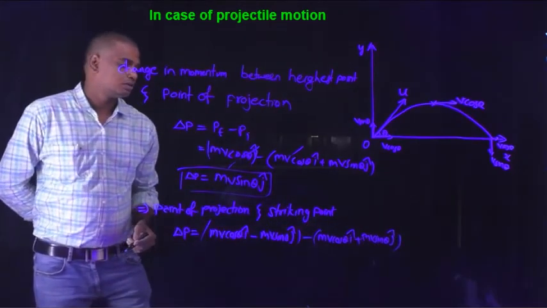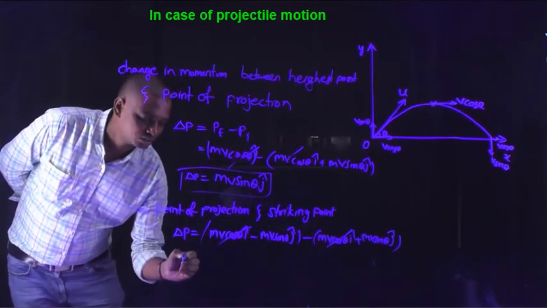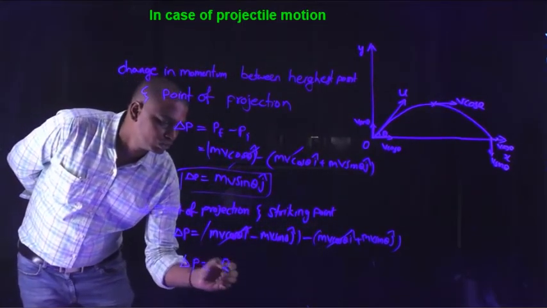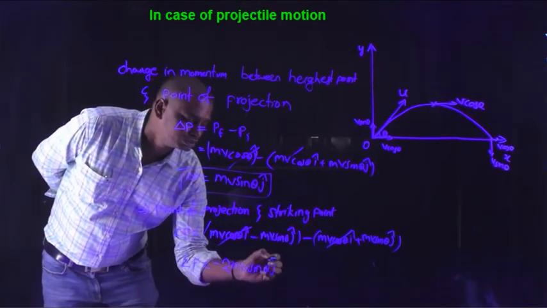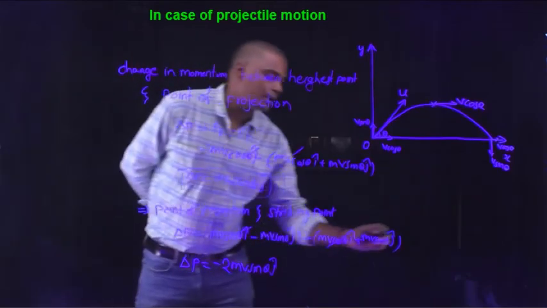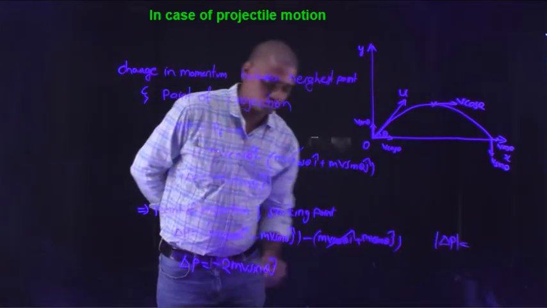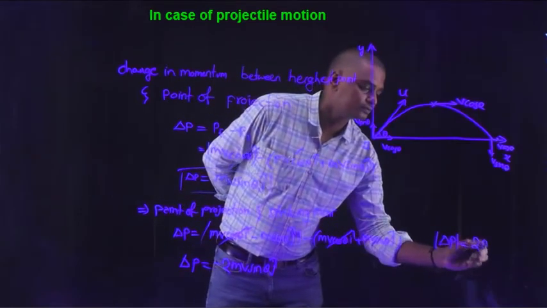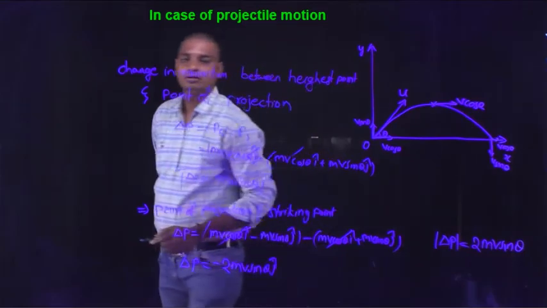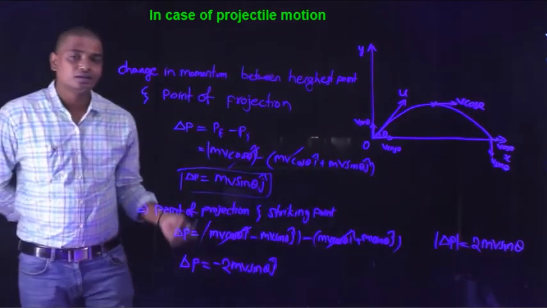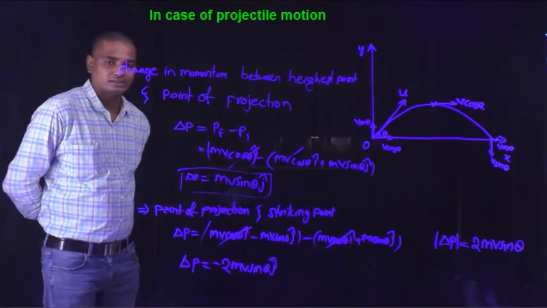So mv cos theta gets cancelled. So change in momentum is equal to minus 2mv sin theta j cap. So the magnitude of the change in momentum, mod delta p, is 2mv sin theta, and the direction will be along the negative y-axis. Minus j cap represents the negative y-axis.